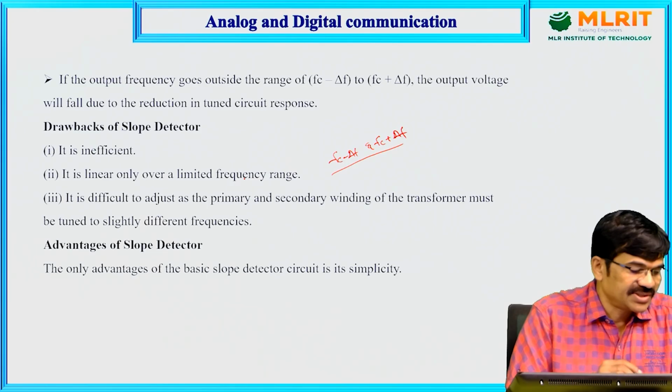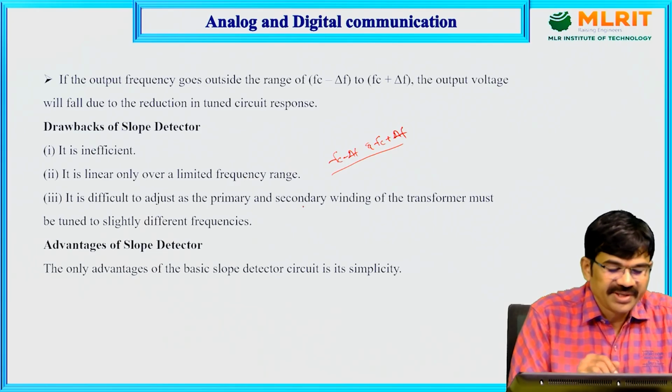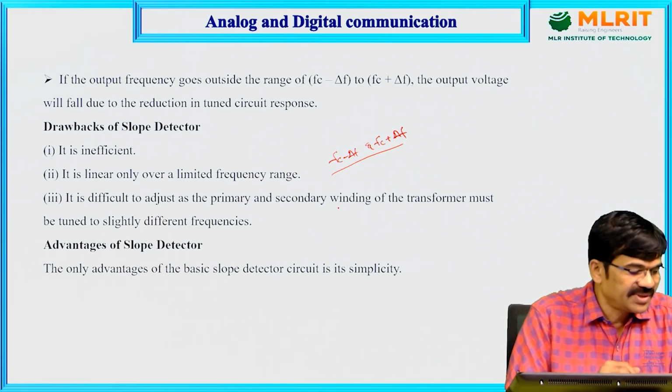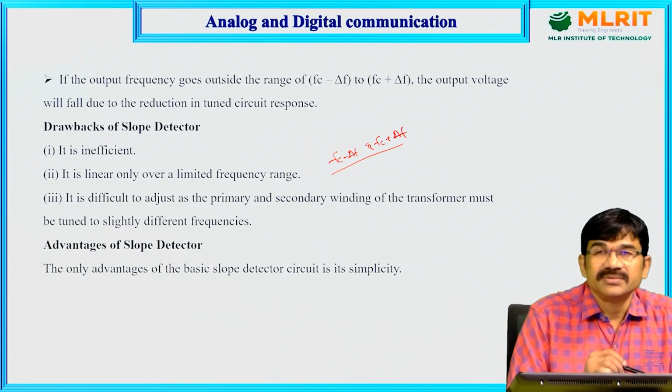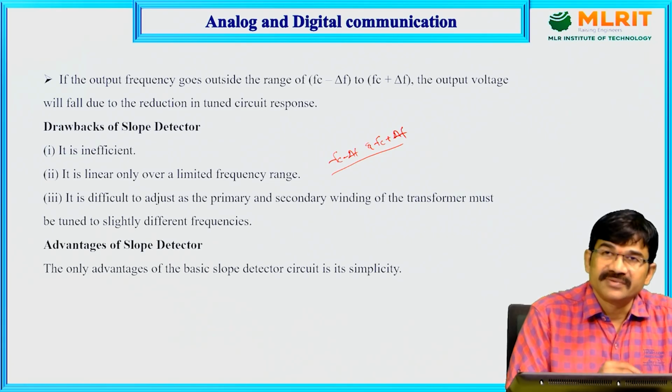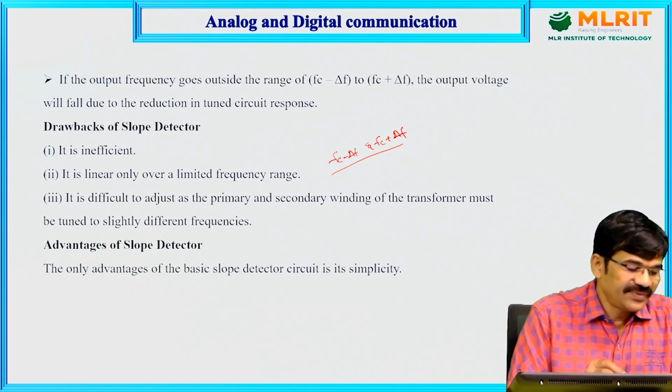This is the restriction. It is also difficult to adjust, as the primary and secondary windings of the transformer must be tuned to slightly different frequencies. It is very difficult to tune the secondary of the transformer according to the modulated signal across the primary input. So tuning is also difficult.